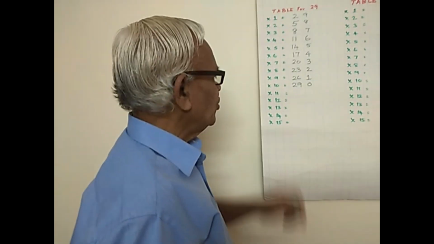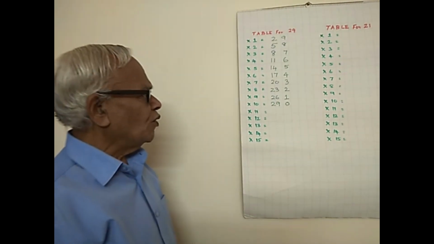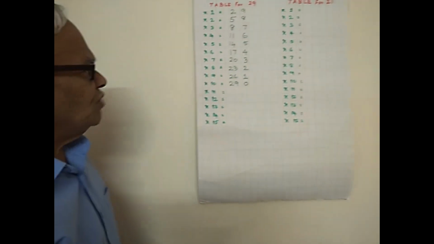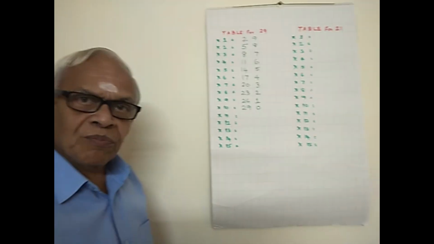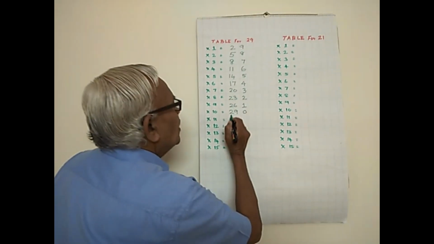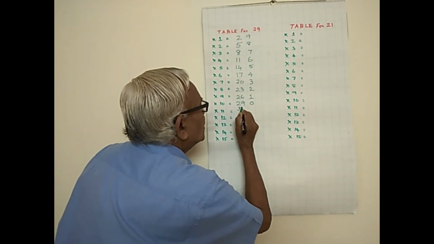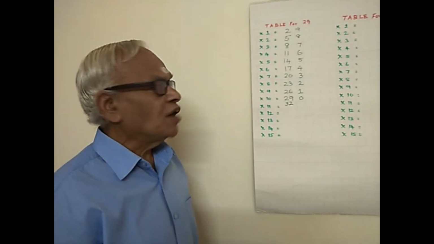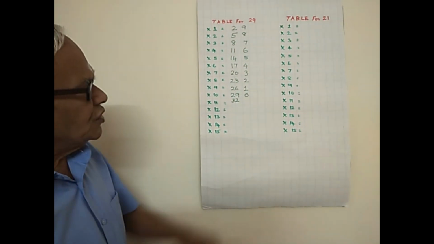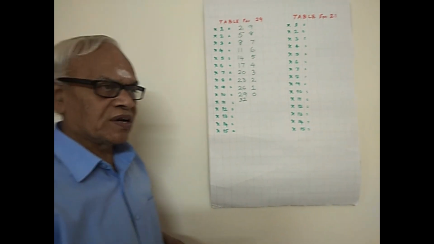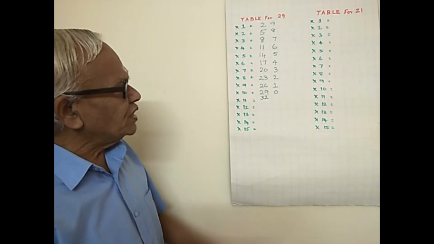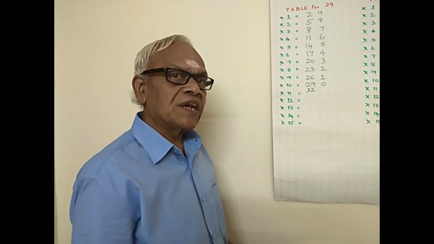Right, now what am I going to do for 11? From 29, for 11 I will have to add 3. So this will become 29 plus 3, 32. And for the unit digit, from 0, I need to subtract 1, which becomes 9.